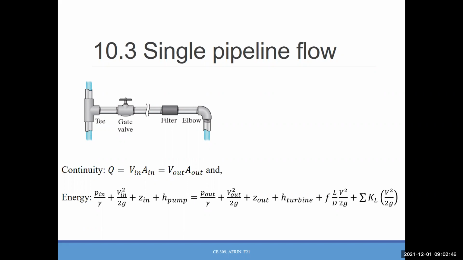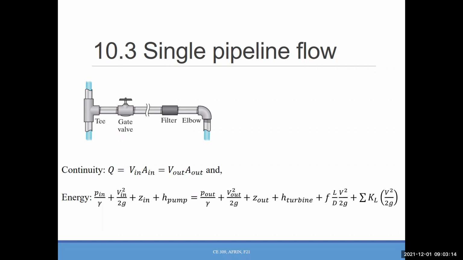Now for any pipe flow problems, just like any other fluid mechanics phenomena, three conservations should be satisfied: mass, energy, and momentum. Mass is also called the continuity equation. Energy equation, you already know that. And the last one is the momentum conservation.